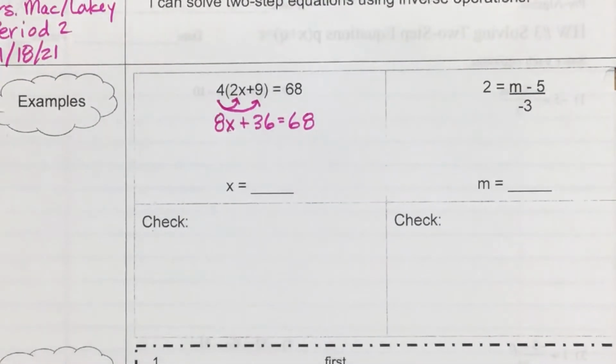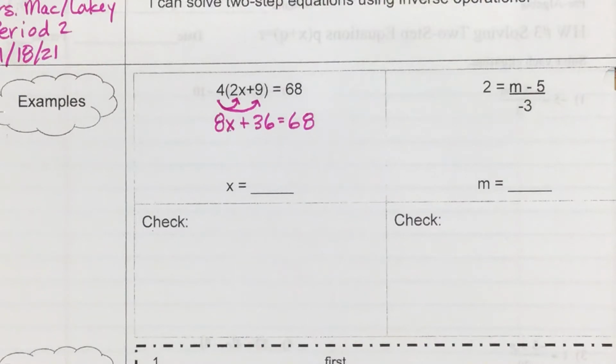Okay? Now I want to show you, because for some people it might be easier if you split that up a little bit. So let me show you on the board here. If you have 4 times 2x plus 9, you can also write it like this: 4 times 2x plus 4 times 9, and then you can multiply each of those.